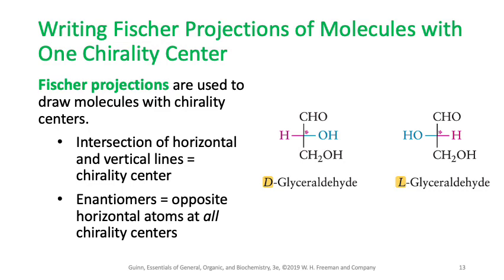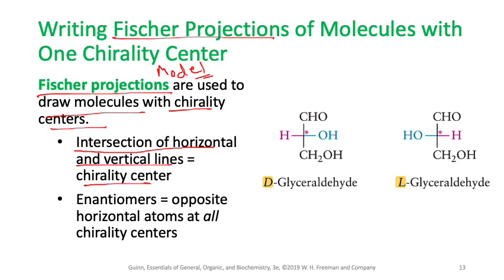So now we're going to learn about the Fischer projection. What are Fischer projections and why do we use them? Fischer projections are the models that are used to draw a molecule with a chirality center. Any molecule with a chiral center, we can draw with the help of a Fischer projection, right? In a Fischer projection, the intersection of the horizontal and vertical lines normally shows a chiral center.